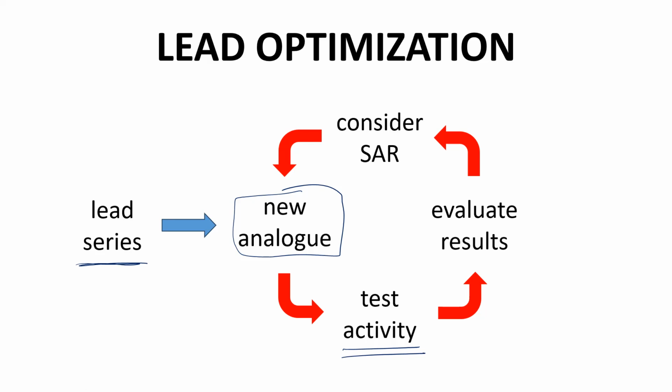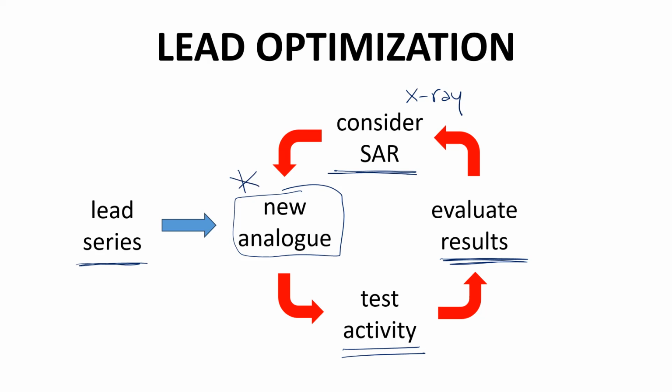We would then evaluate the activity data and how the compound performed. We would then consider the results in the context of the available SAR data. This data set would include the activity of other compounds, as well as other information like X-ray data for the target. We would then make yet another new analog, and the process would repeat.